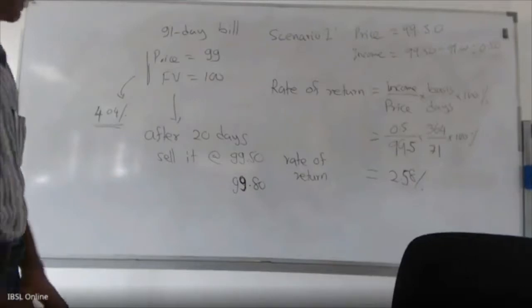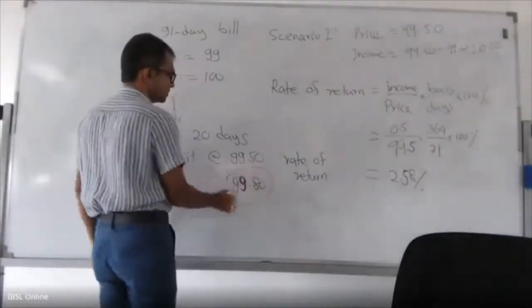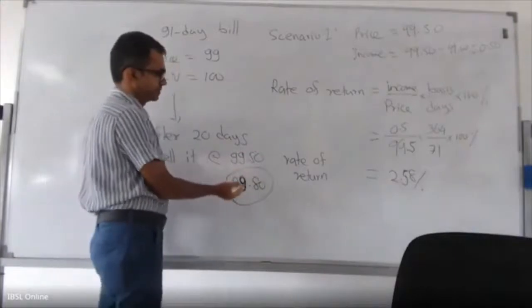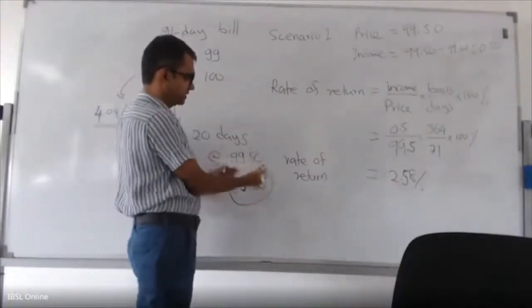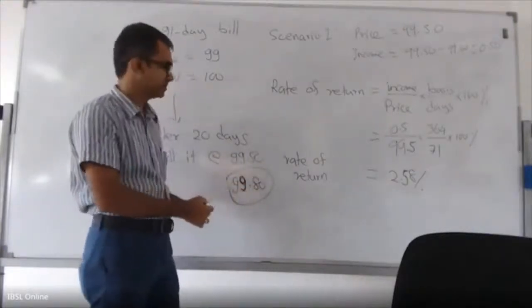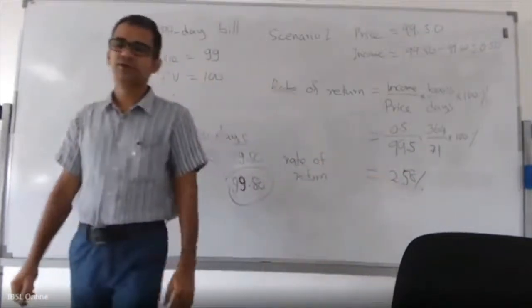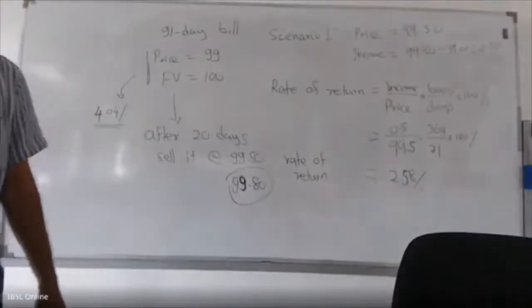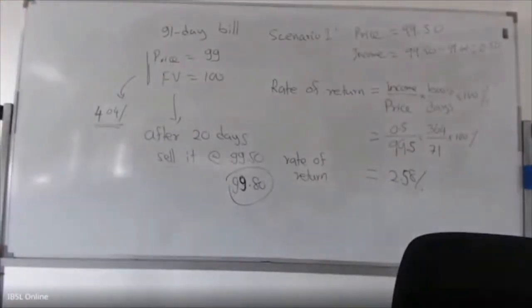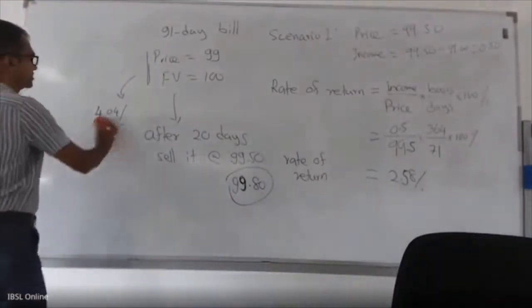So you can do the same here. With this, for the first investor, you get a much higher rate of return, and for the second investor, a much lower rate of return. I think you can do that. Any question?